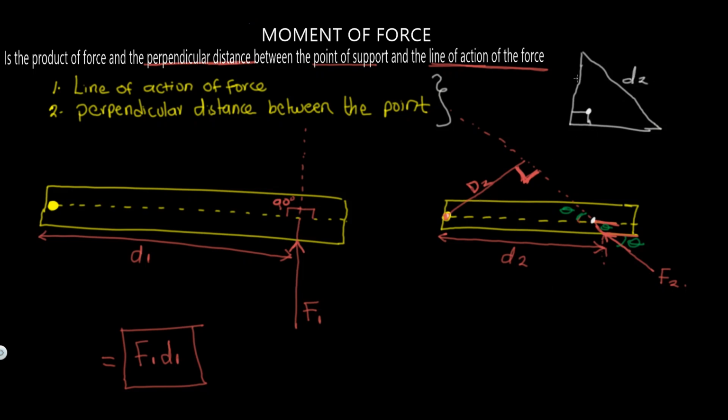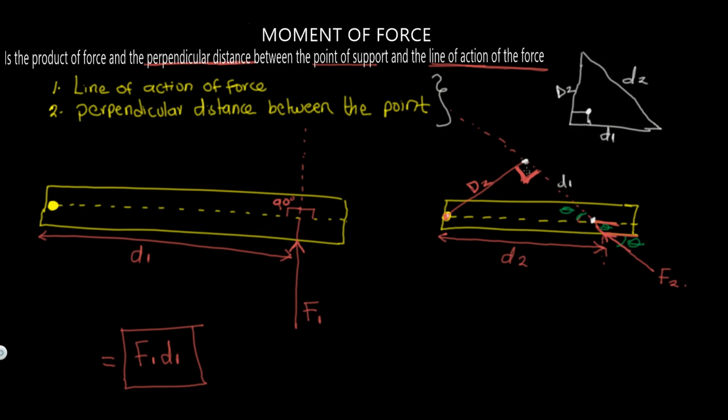So this part here is D2. And then we can name this one as, let's say, D1, the distance from this point to this point here. But remember, we are looking for D2. This is the distance that we are looking for, because this is the perpendicular distance acted by this force here.